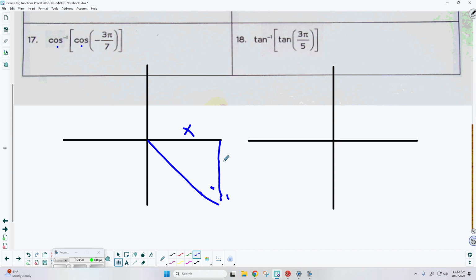If the horizontal is X, then the vertical would be Y. Okay. And then our hypotenuse is R. And remember, you already drew the angle. This is 3 pi over 7. So for cosine of negative 3 pi over 7, what's cosine's ratio? What two variables make it up?